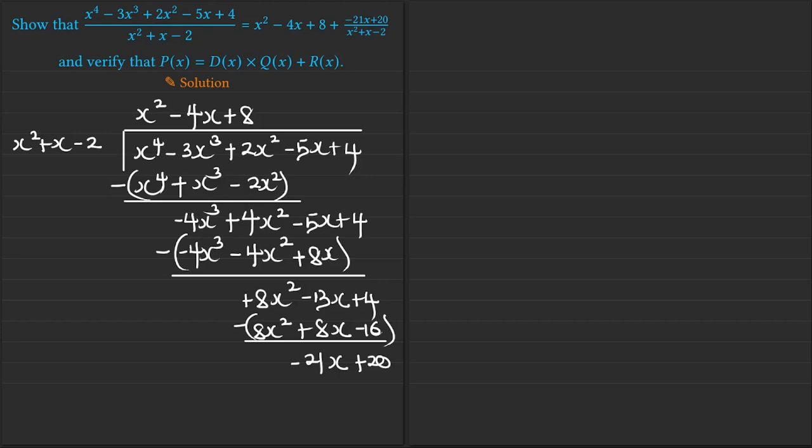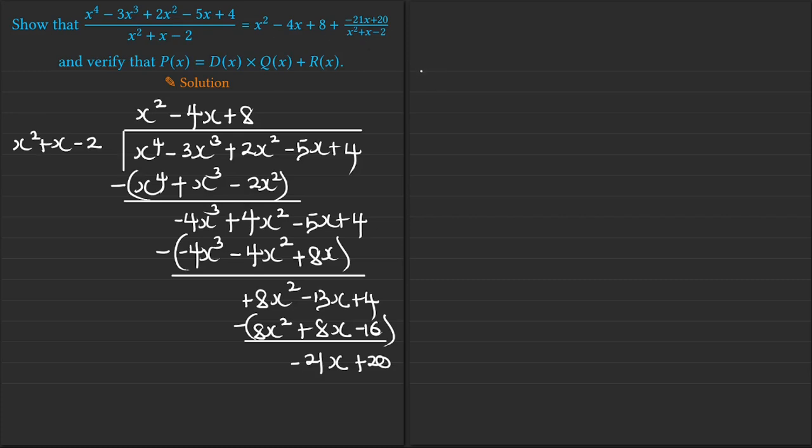What do we have now? There is no way we can continue because looking at the degree of our remainder, it is less than the degree of our divisor. And the rule says anytime we reach that point, we end the division.